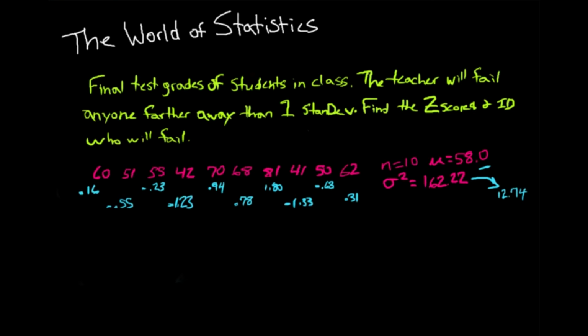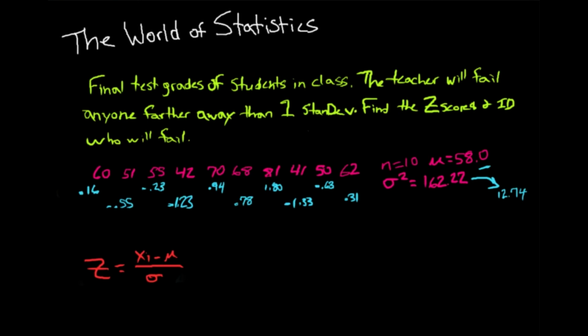Here are all of the z-scores calculated for each student. We used the z formula again: our observed value, minus the population mean, divided by the standard deviation. We are looking for those who are more than one standard deviation away from the mean. Since we're dealing with test scores, we would want somebody below the average.